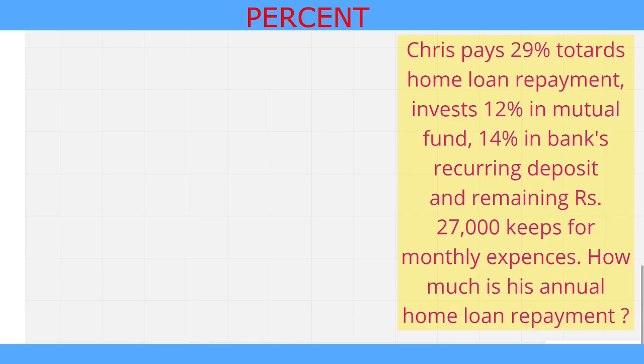So we solve like this: 29% plus 12%, which is mutual fund, plus 14% is recurring deposit. So 12 plus 14 is 26, 26 plus 29 equal to 55%. So remaining is 45%, that is his monthly expenses.